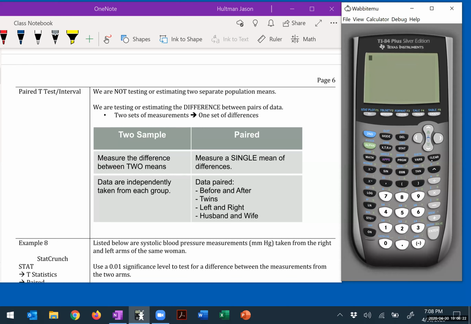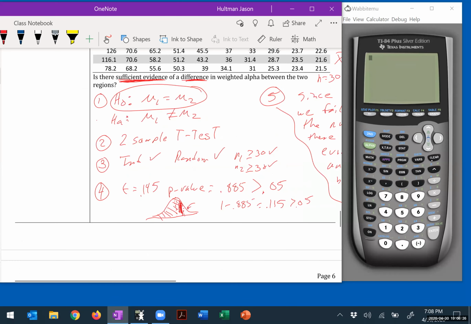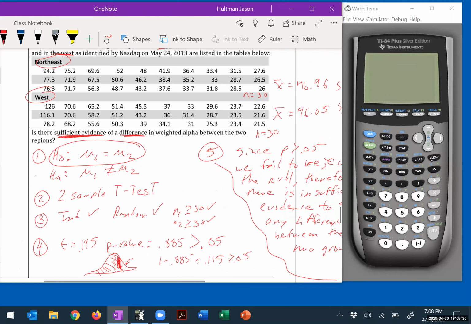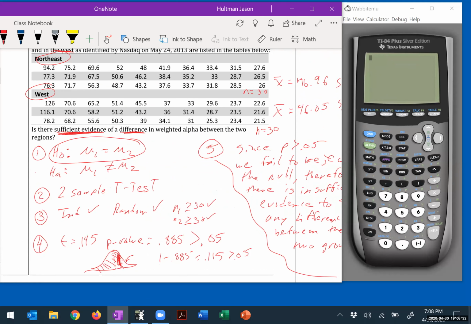I have one question on the previous one we just did, example 7. I put all the figures in StatCrunch, but what would I go and do? I tried to do what it said before, T-stats, 2 samples. Yeah, and you do with data, not summary. I did it with data, then I got stuck.